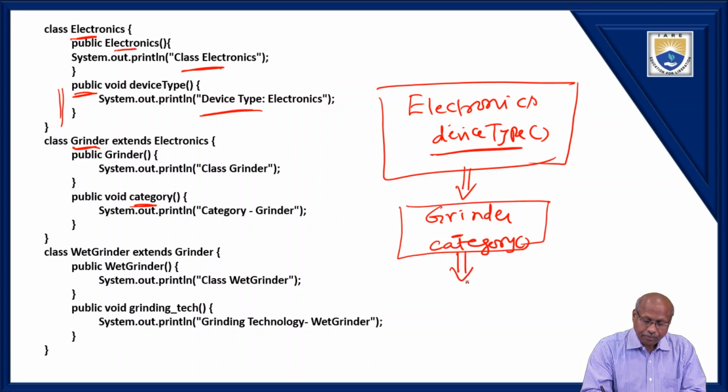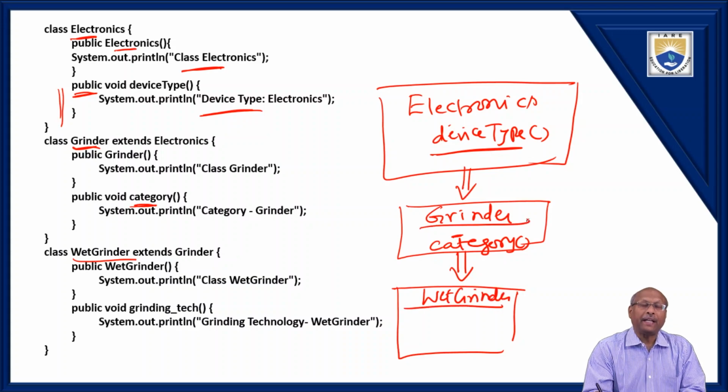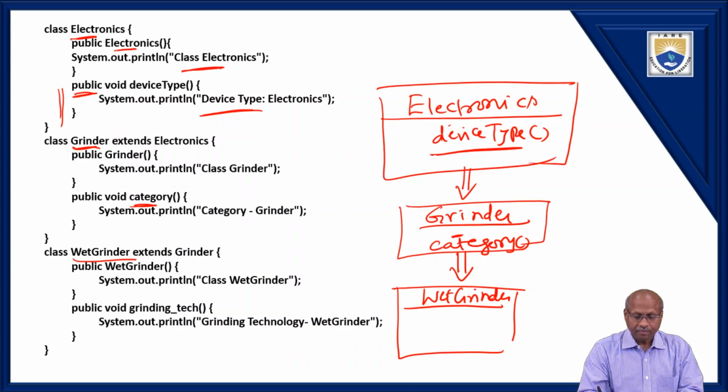Now there is one more class called wet grinder. So now I can say wet grinder is one type of grinder, and grinder is one type of electronics product or electronics device. Now this wet grinder has its own method, grinding technology. So here I write grinding technology as a method.